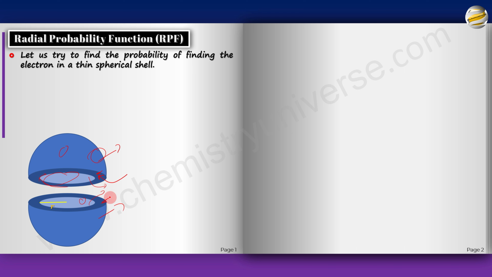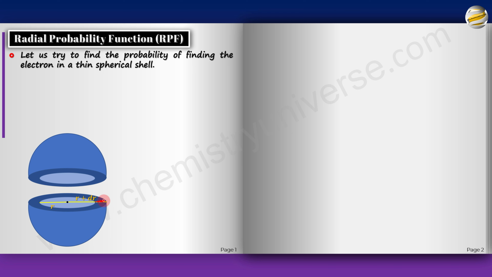So let's figure out. Now we are assuming the radius of the smaller sphere to be r, and this is the center of both the spheres, and this is the distance of the larger sphere, which I'm taking as r plus dr, where dr is this thickness, this part.